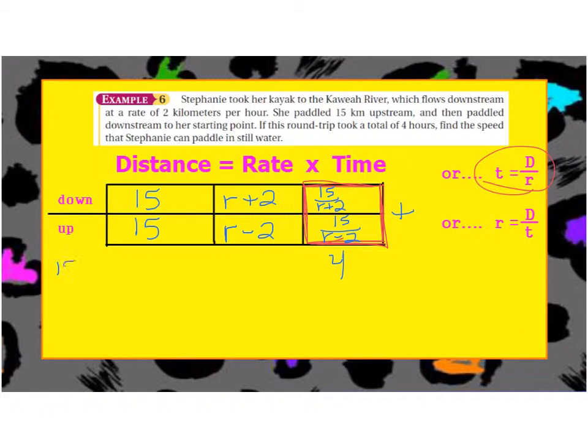Okay, so here we go. Our equation would be 15 over R plus 2, plus, going upstream, 15 over R minus 2, should be a grand total of 4 hours. I'm going to write it over 1. Okay, common denominator, R plus 2, R minus 2. And on the last one, I have to do both, R plus 2, R minus 2.